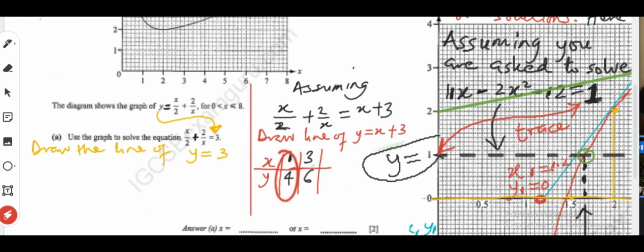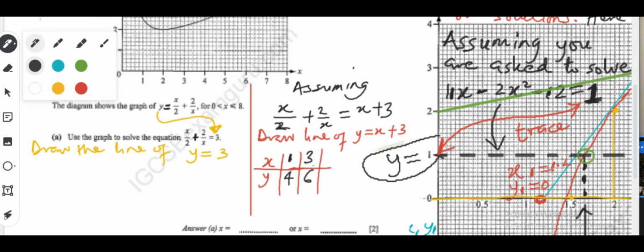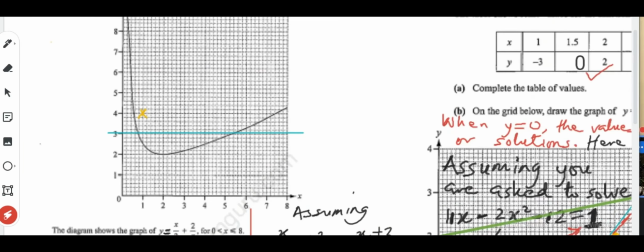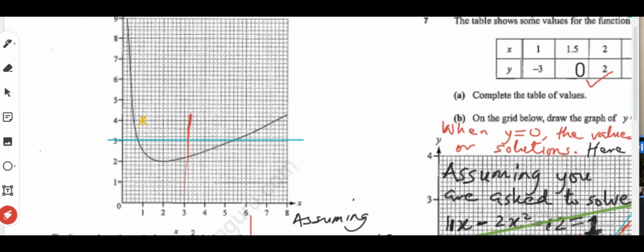When x is 1, y is 4, we plotted there. When x is 3, y is 6. So we plot here too.